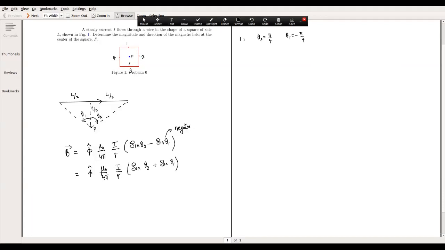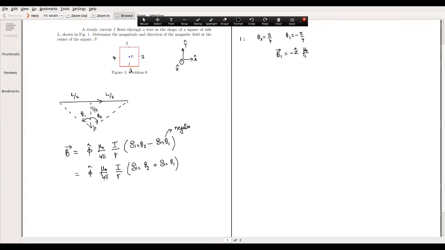This leads to the magnetic field due to segment 1. Let's say this is X hat, that's Y hat, and Z hat will be coming out of the page. In this case, it is going into the page, so that's minus Z hat. Minus Z hat here means that it's going into the page.